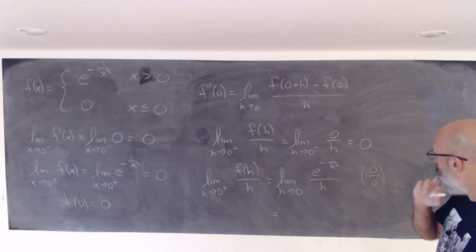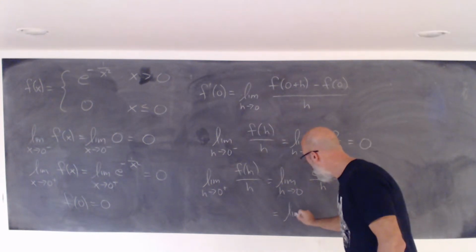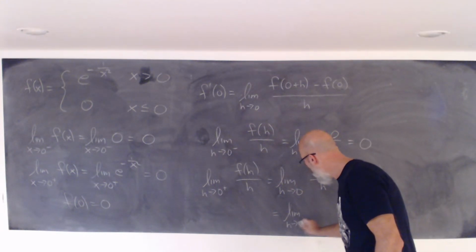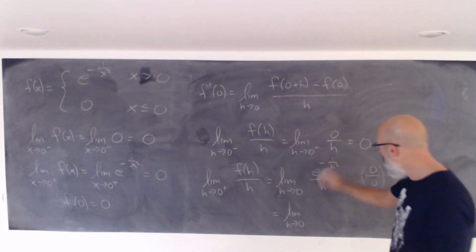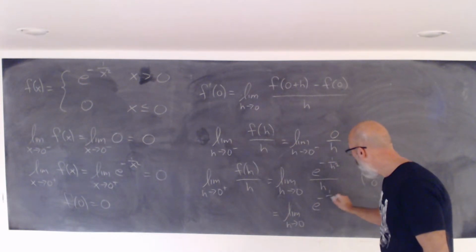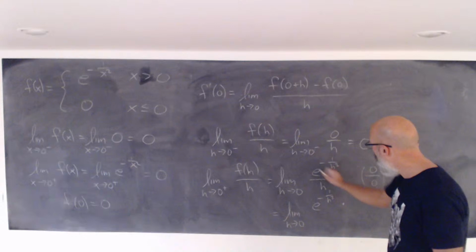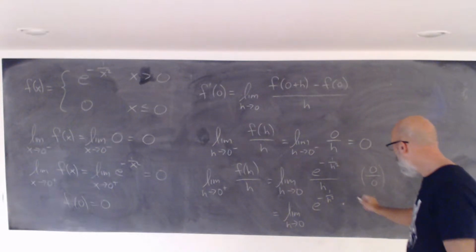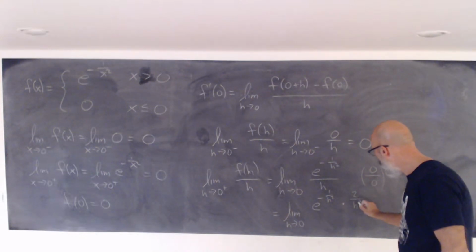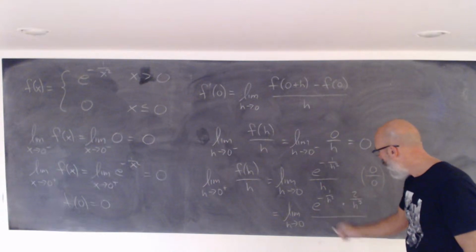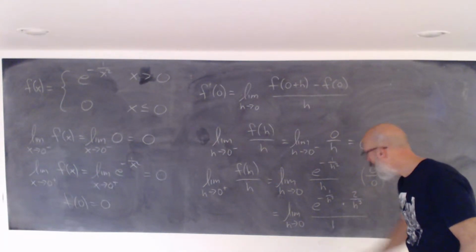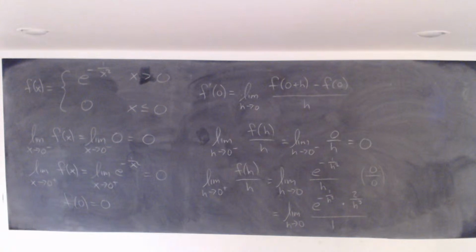Do I want to do that? Let's do it. I was thinking maybe I would want to rewrite this somehow, but let's not. e to the negative 1 over h squared times the derivative of the inside, 2 over h cubed. The derivative of the bottom is 1. Yeah, that's not very nice.